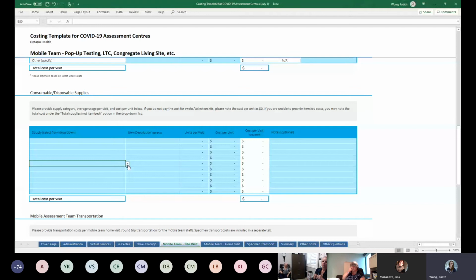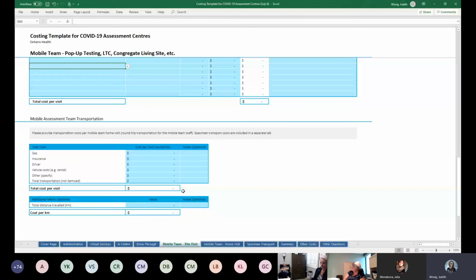Similarly, supplies are included here, and the format is the same as on the other tabs in terms of how the data collection works. And then for mobile teams, we're also collecting transportation costs, getting your mobile team to and from the site. So the unit is per visit, like everything else on this tab, round trip. You can give the cost to us itemized, or you're very welcome to provide total transportation costs not itemized.